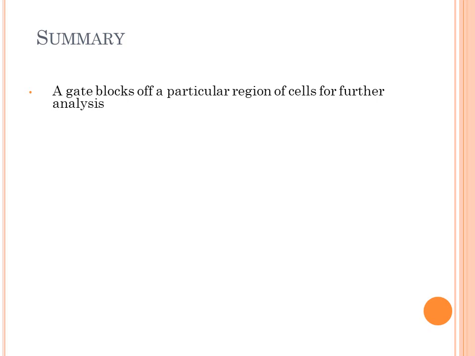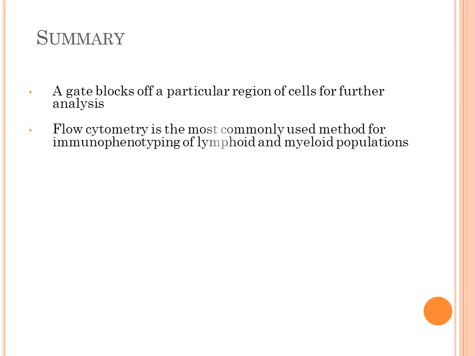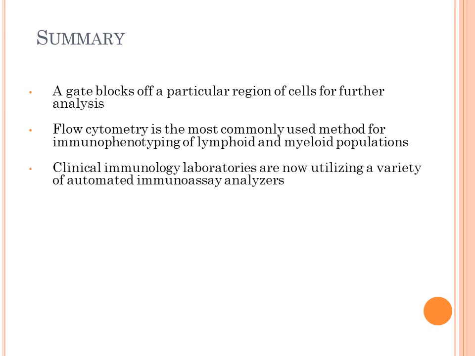When we're analyzing data, a gate is what we tell the computer to mark off: consider the data inside this area that we've gated off, and evaluate that and ignore the other data for the moment. Flow cytometry is the most commonly used method for immunophenotyping of lymphoid and myeloid populations.